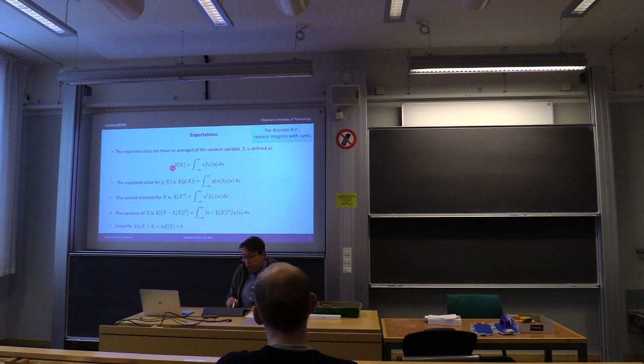So this is a number that we get by integrating the PDF of the random variable x, multiplying the PDF with the integration variable. The expected value for a function of a random variable. First of all, a function of a random variable is a random variable. Okay, so if x is random, then if I apply a function to this, I still get something which is random.